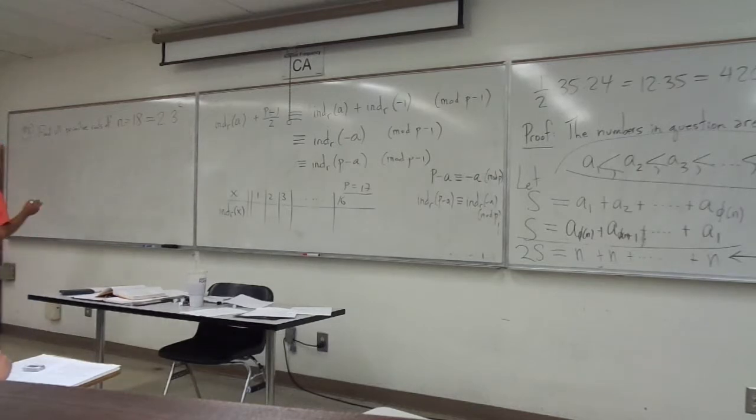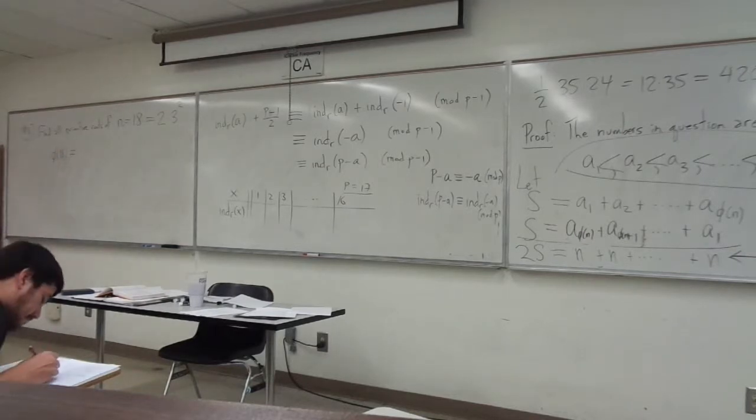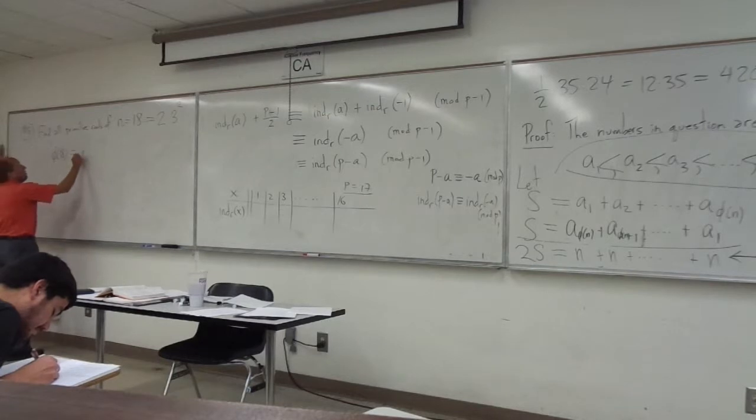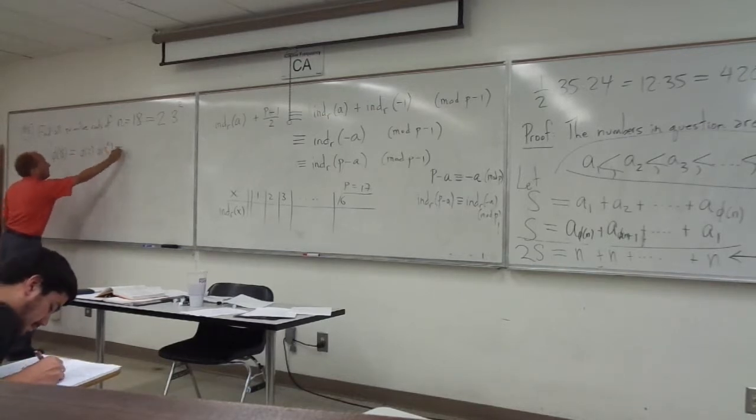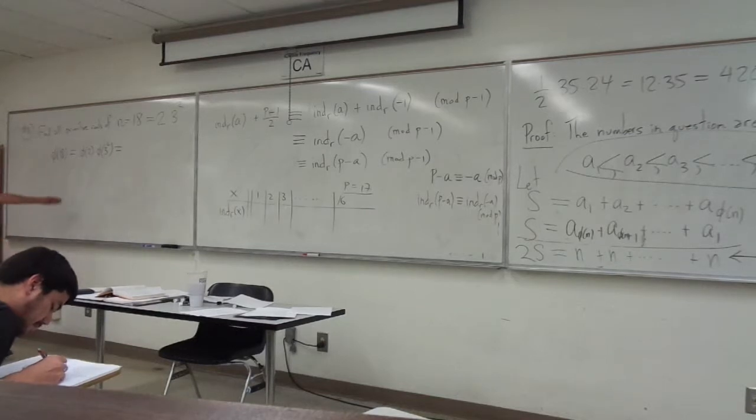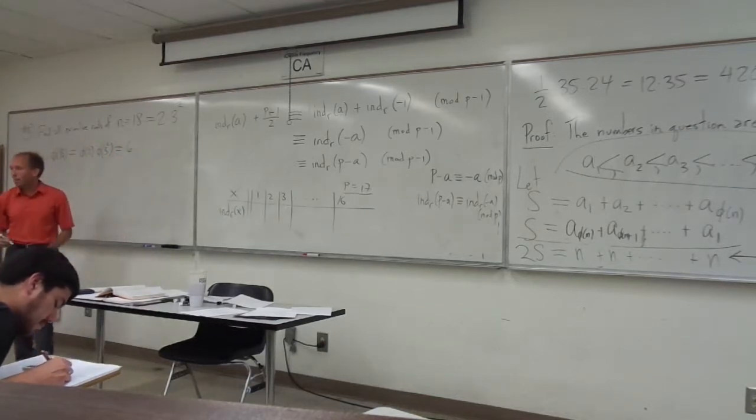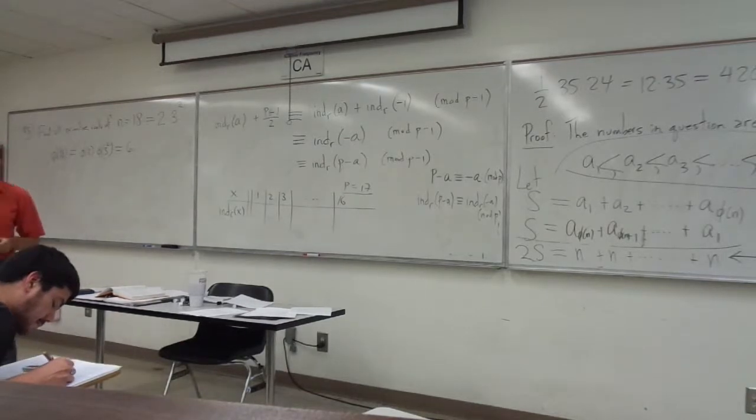And what does the order of a primitive root have to be? It has to be phi of the number, right? So phi of 18, which is what? Well, it's phi of 2 times phi of 3 squared. Phi of 2 is 1, phi of 9 is 6, right? 9 minus 3 is 6. So we're looking for an element of order 6.